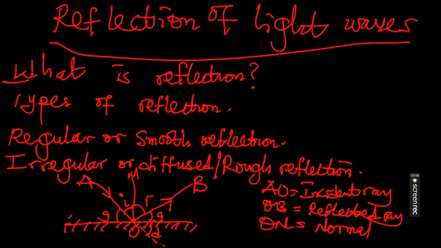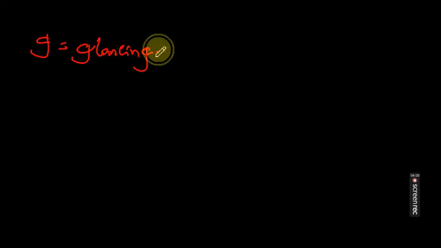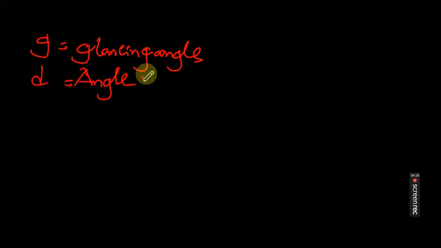Then beside the normal you have the glancing angle, which is G. G represents glancing angle, and D represents angle of deviation.